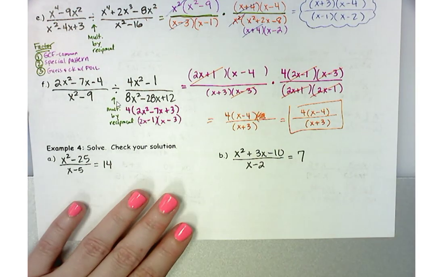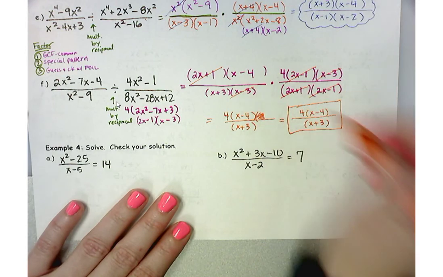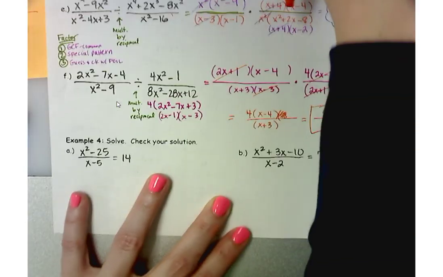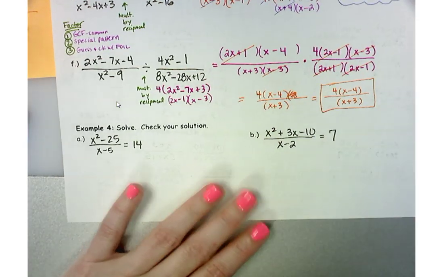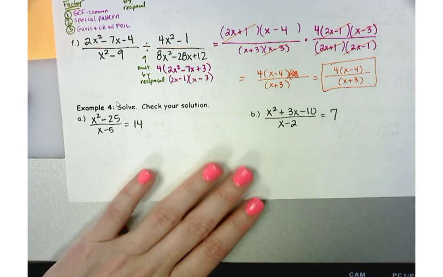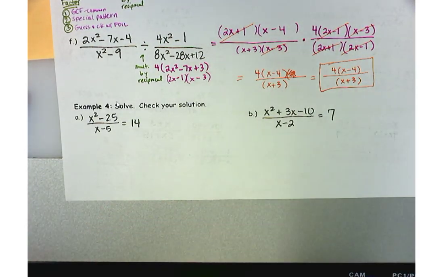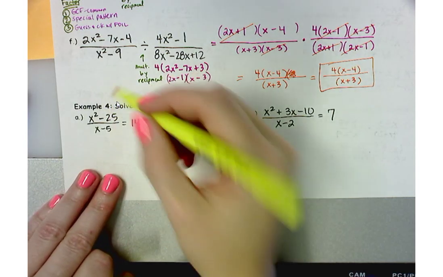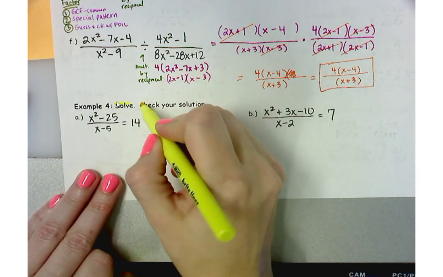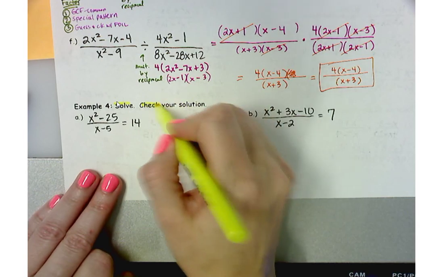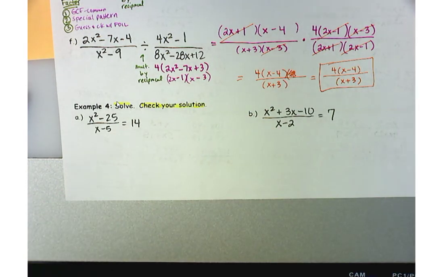So, we're working with rational functions. We know that the restrictions on our domain are going to be where the denominator cannot be equal to 0. So we want to find values that make it 0.